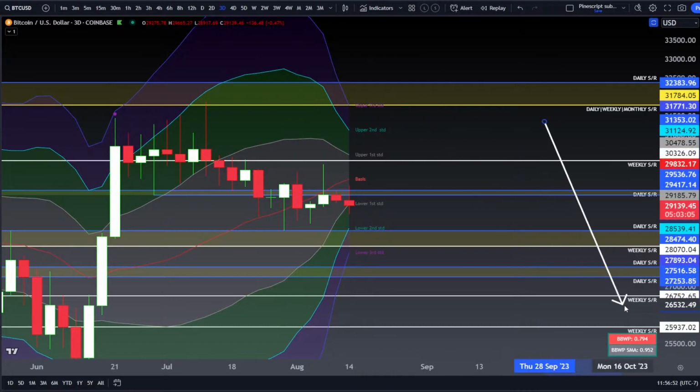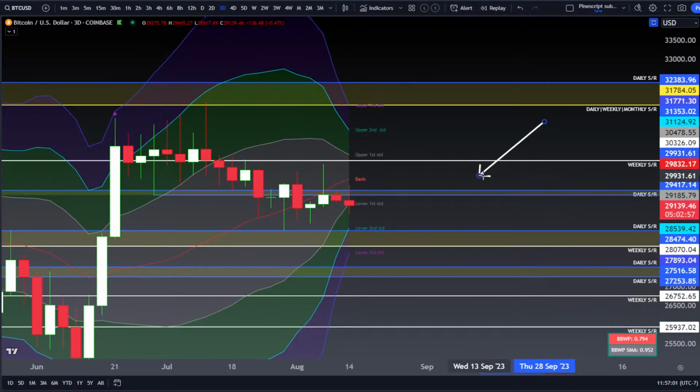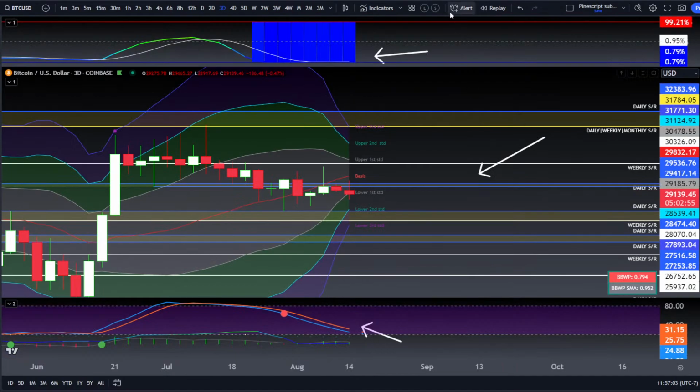We can see BBWP is very, very low over here, 0.8%, and it is still under the moving average, which is at 0.9%, almost 1%. So there is a move coming, a big move coming.